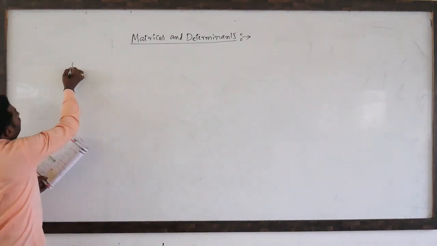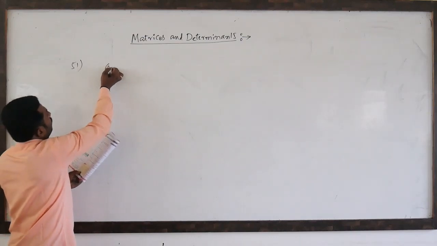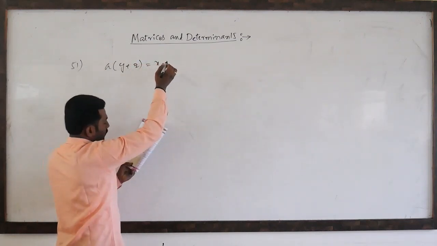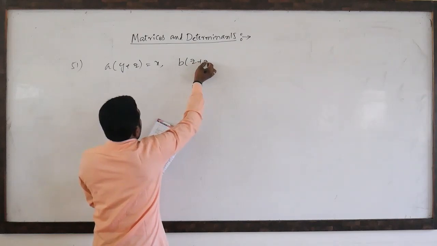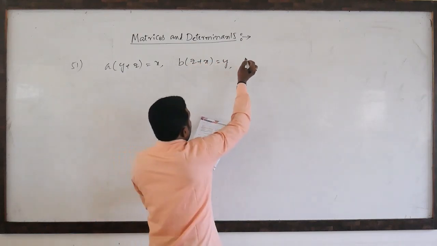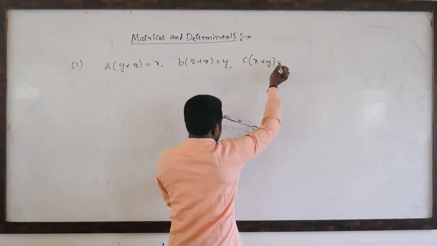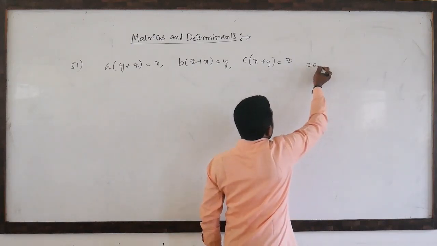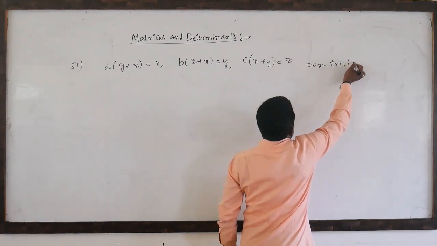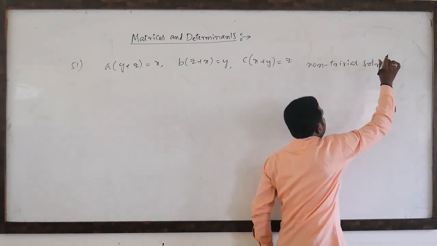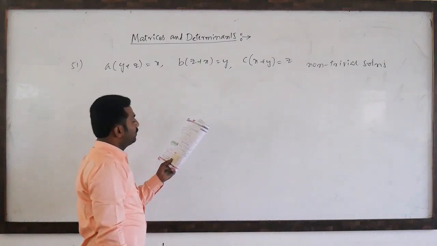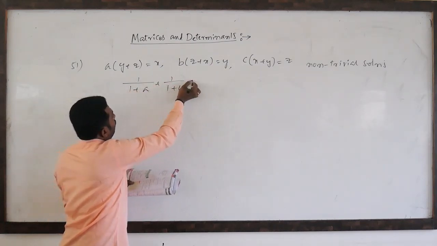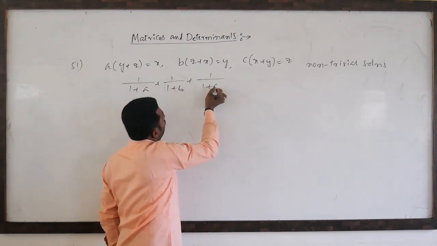If the equations a into (y plus z) equal to x, b into (z plus x) equal to y, c into (x plus y) equal to z have non-trivial solutions, then they are asking the question: what is 1 by (1 plus a), 1 by (1 plus b), 1 by (1 plus c)?